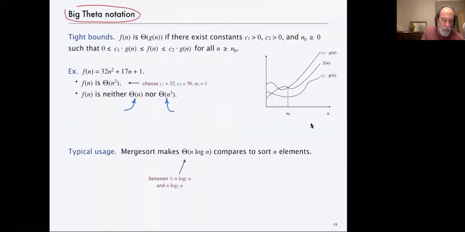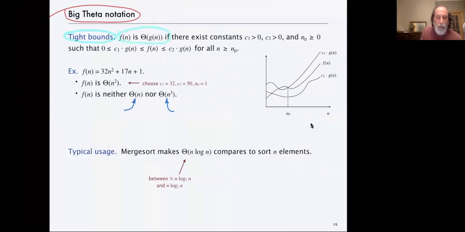Now sometimes we have matching lower bounds and upper bounds, and then we feel we know very well what some function is. We have a notation for that. We call that having tight bounds, if we have an upper bound and a lower bound that match, that are asymptotically the same. And that's what this is.